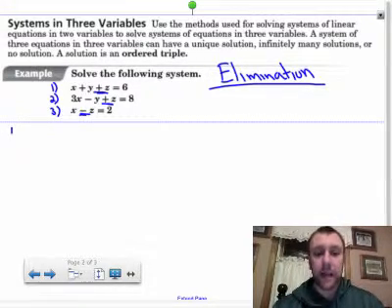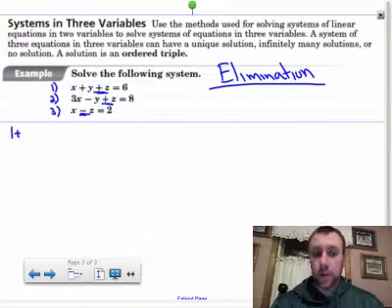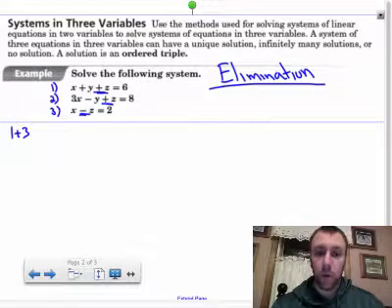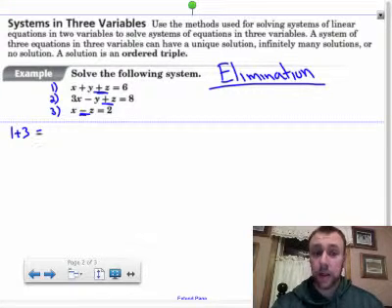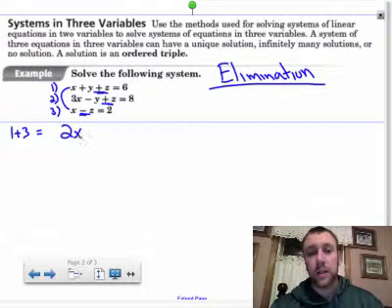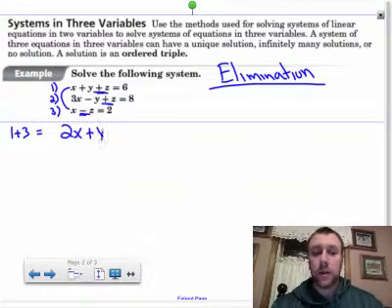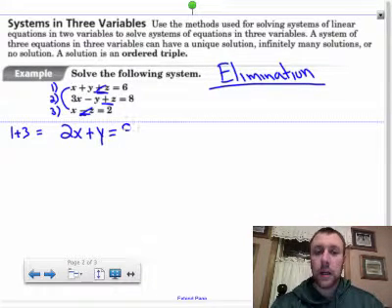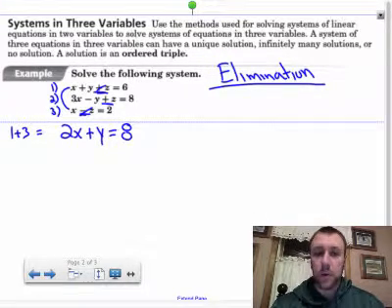So when I add them together, that's going to create a new equation, 2x, there's no y, equals 8. And then when I do the same thing with 2 and 3, again I erase all my previous work because now I'm starting anew.